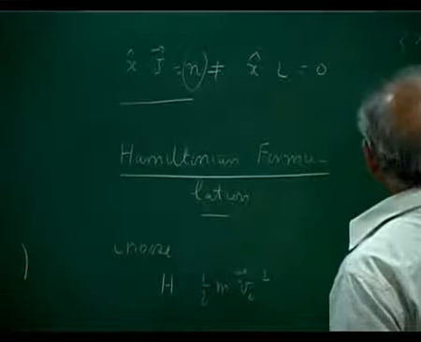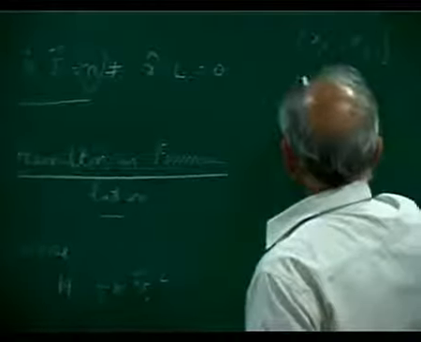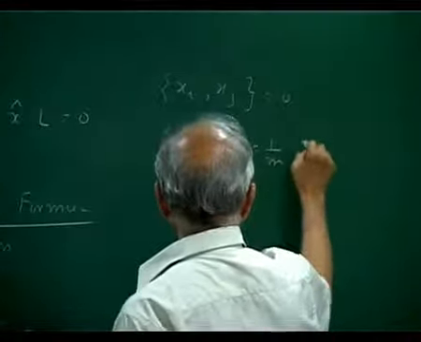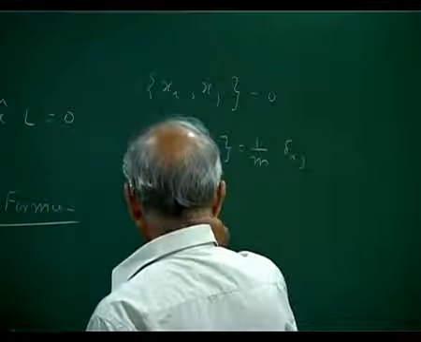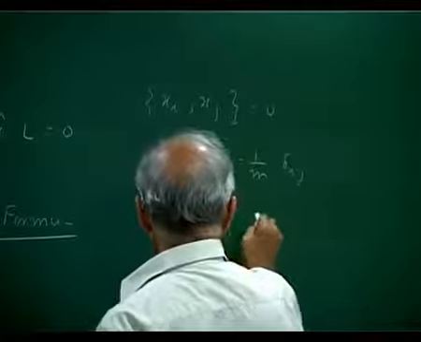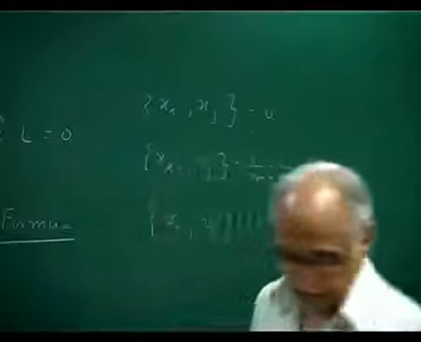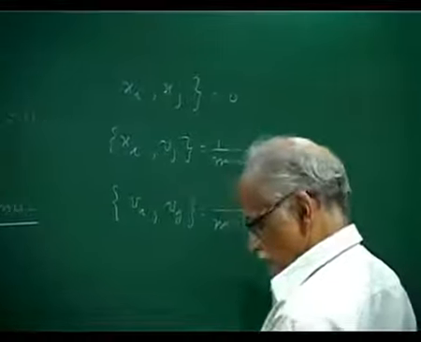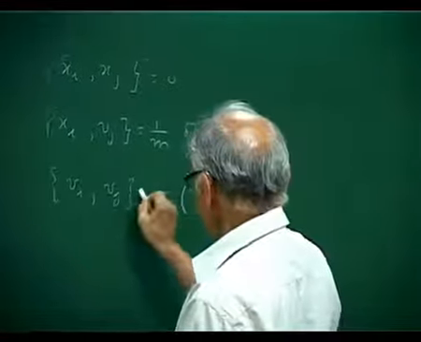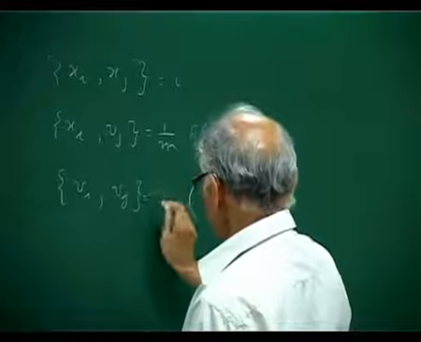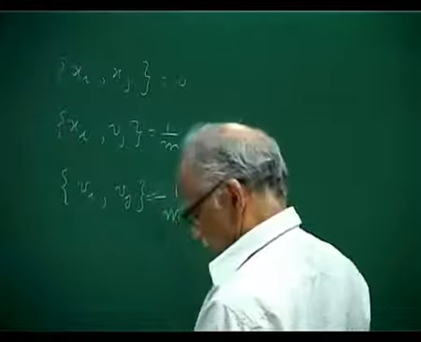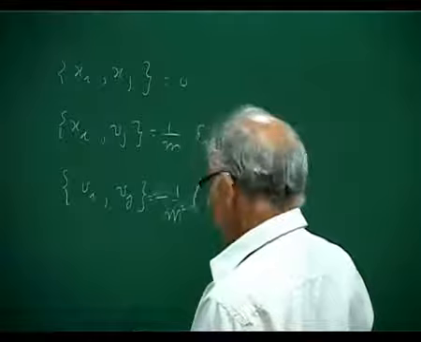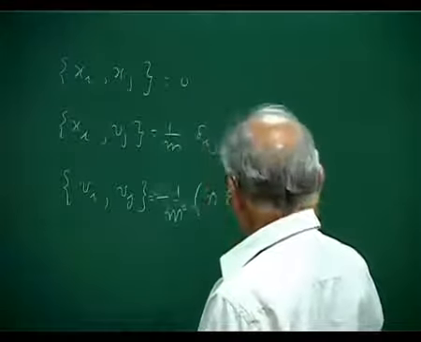The Poisson bracket of xi with xj is 0. I will say xi with vj is 1/m delta ij, but vi with vj is minus 1/m squared times the magnetic field, which I write down: minus 1/m squared times n times epsilon ijk xk over r cube.